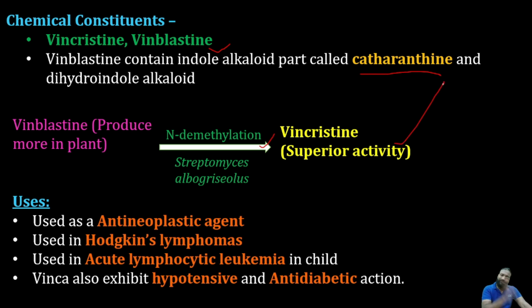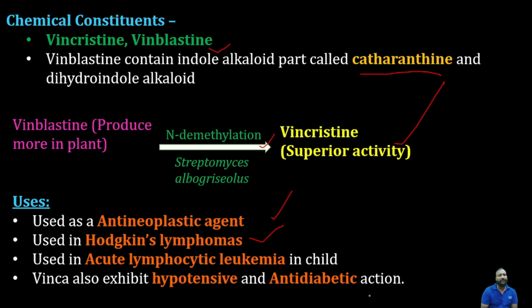Initially only vinblastine will be there, just like hyoscine in Atropa. Atropine is not directly available, but when racemization takes place, atropine will be produced. Similarly, from vinblastine, due to N-methylation, we get vincristine here. We know it is an anti-neoplastic agent used in Hodgkin's disease and acute lymphocytic leukemia in children, and it also has hypotensive and anti-diabetic action.